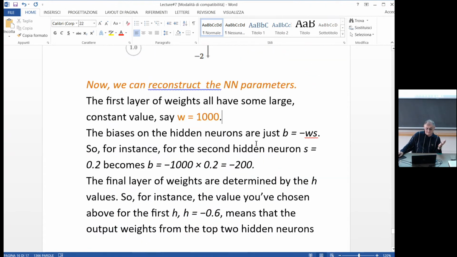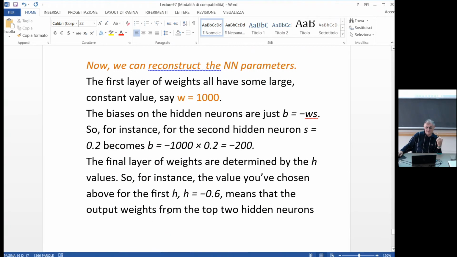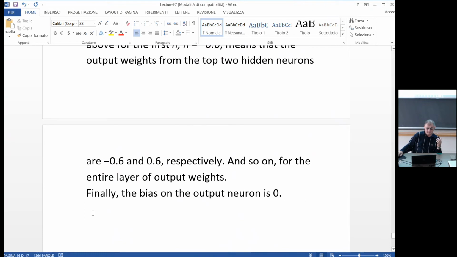And in this situation, the final layer of weights are determined by H values. So for instance, the value you have chosen above for the first H, for example, minus 0.66, means that the output weights from the top two hidden neurons should compensate, to create a rectangle: minus 0.66 and 0.6 respectively, and so on.